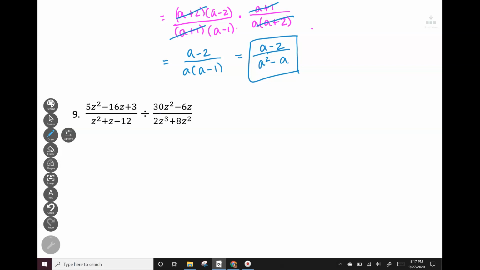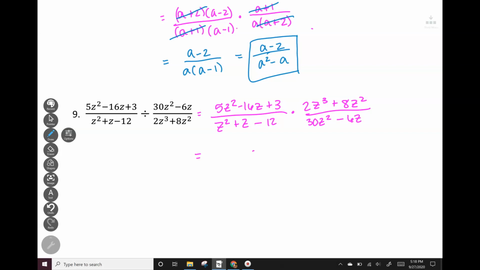Just don't forget to change this sign and flip the second fraction. Okay, so flip the second fraction, change it to multiplication. Now we get to factor everything.